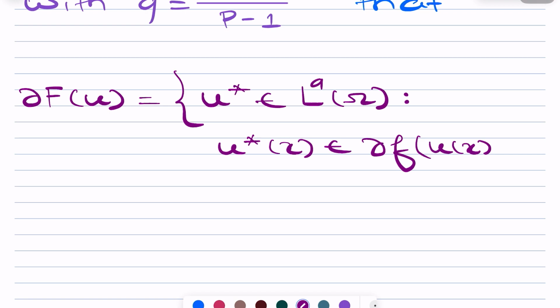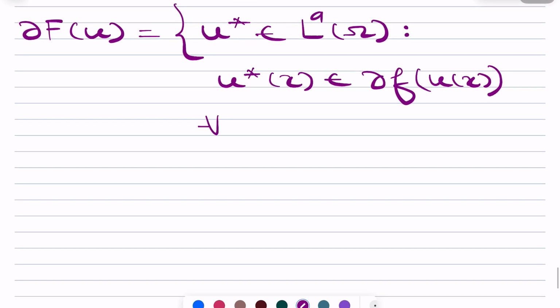And this should hold for almost every x in omega.